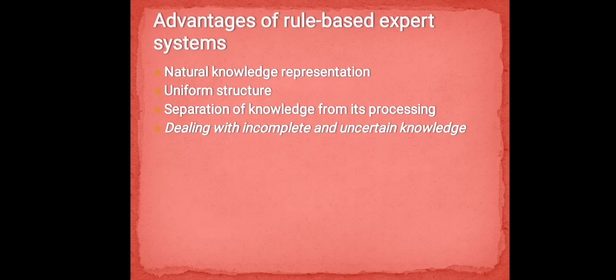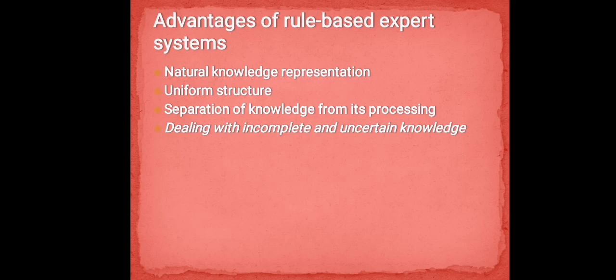Then the advantages of a rule based expert system. First is natural knowledge representation, which is the way of handling the knowledge. Next, uniform structure: there will be a uniform structure for the expert system, so we can find bugs and errors easily.